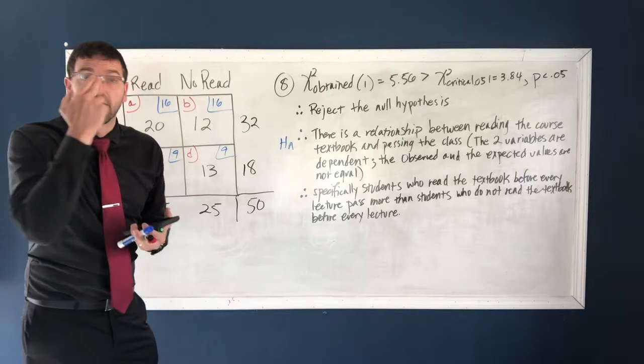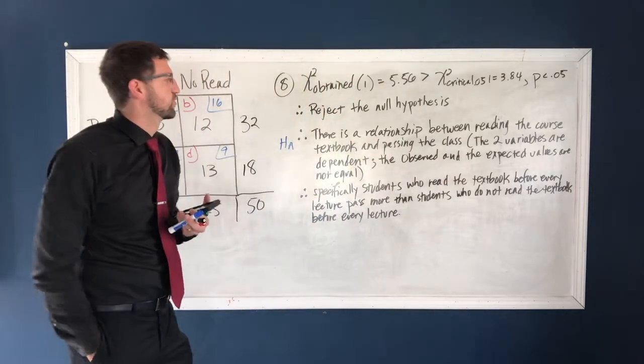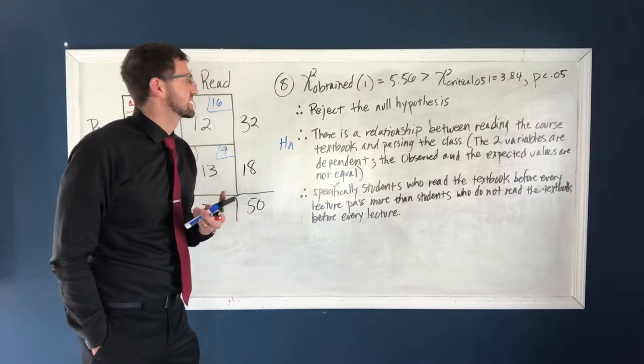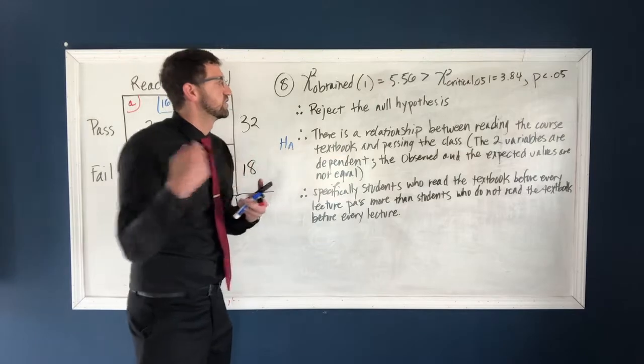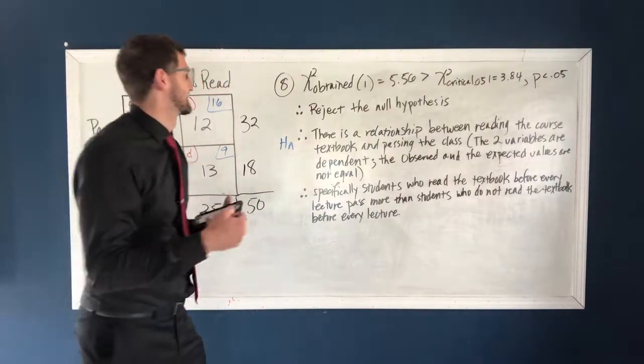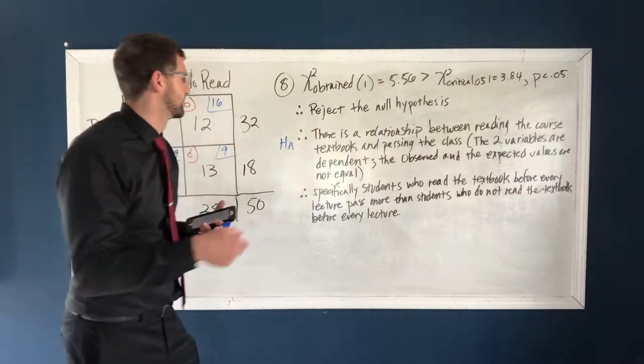The alternative hypothesis is saying there is a relationship between reading the course textbook and passing the class. Other ways of saying that: the two variables are dependent, the observed and the expected values are not equal.